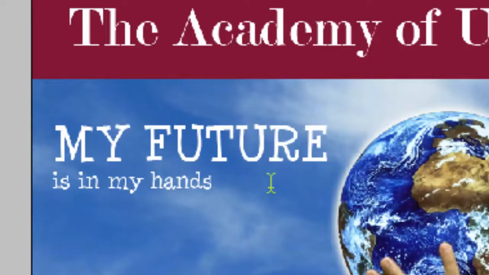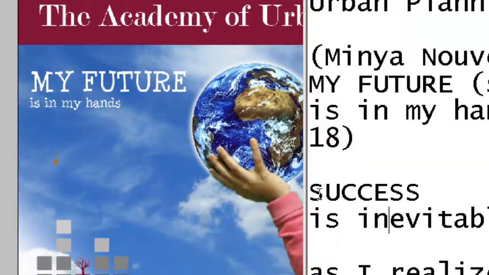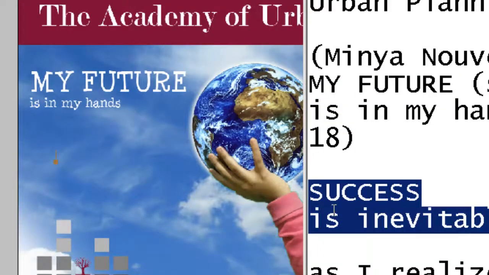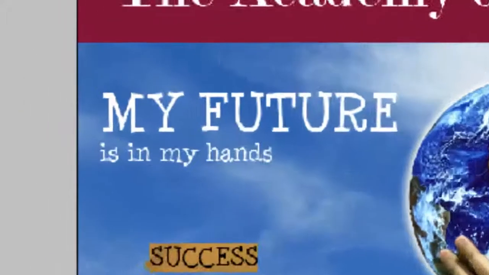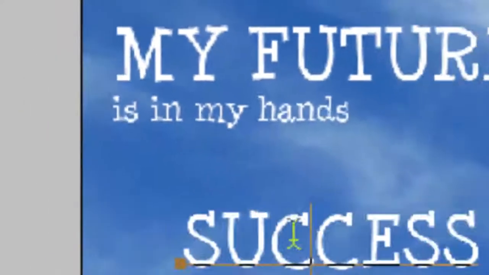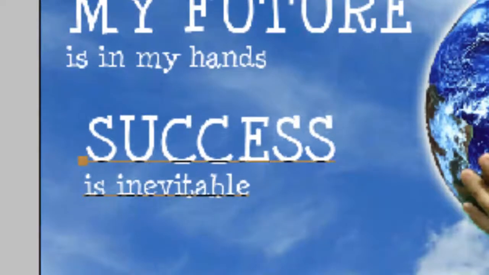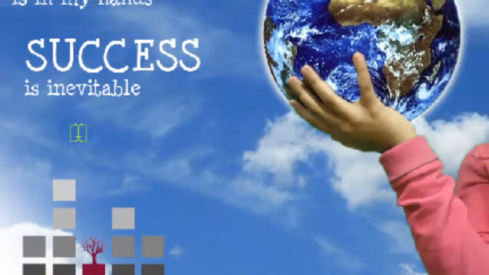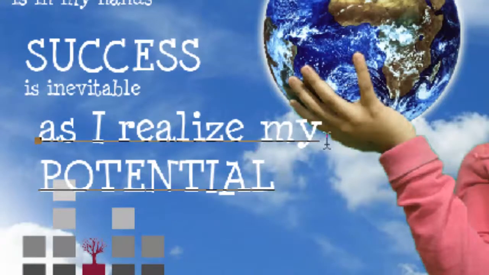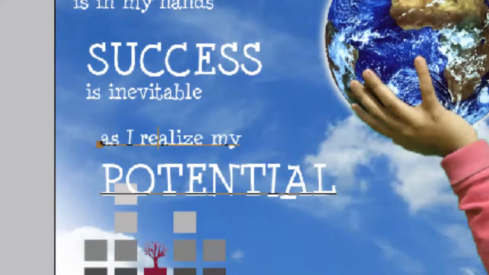This is the characters window, and I'm going to create a new layer, and I'm going to copy and paste this, Control C, Control V. I'm going to make sure success is size 36, is inevitable is going to be size 18, and likewise, as I realize my potential, Control C, Control V, change this from 36 to 18.